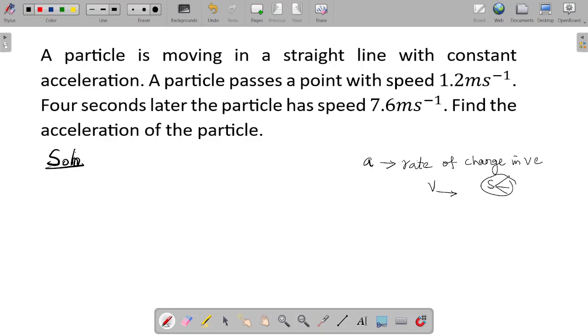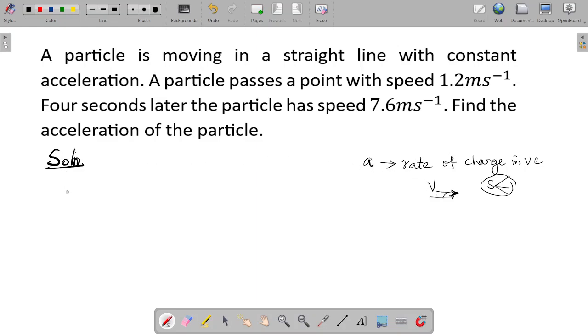So velocity is a vector quantity. Acceleration is also a vector quantity. It is the rate of change of velocity. Each second, next second, third second, the velocity will increase. That is called the acceleration.